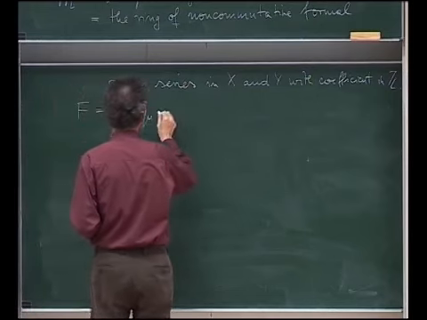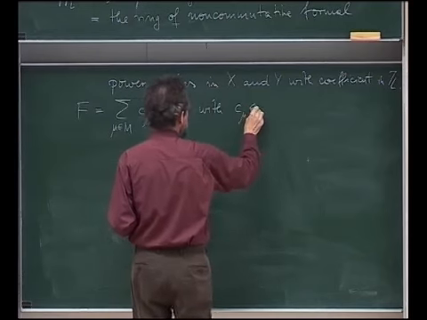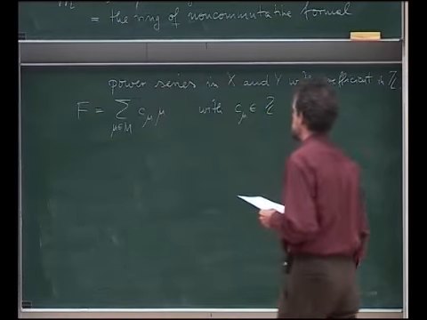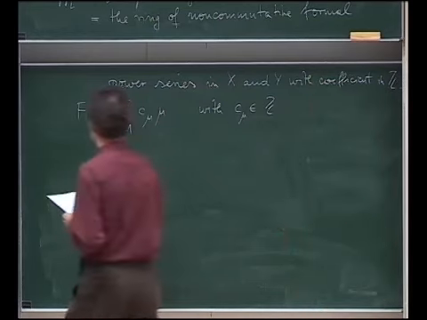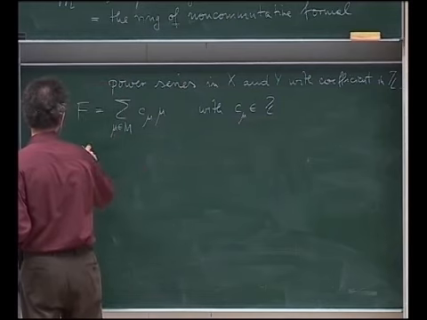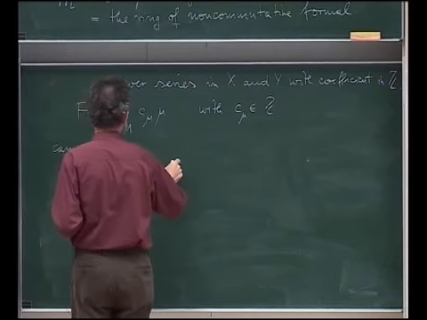So an element in here I can write as f equals the sum of C mu over all monomials, with the coefficients C mu being integers.